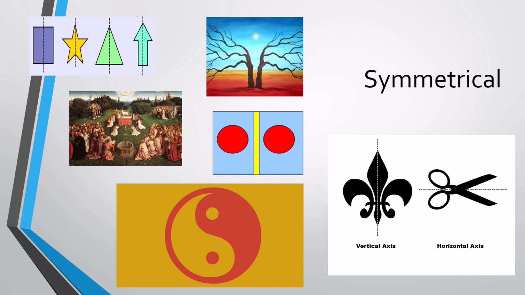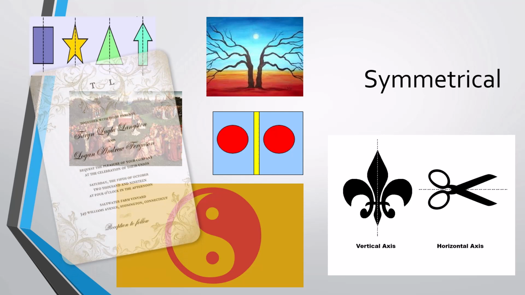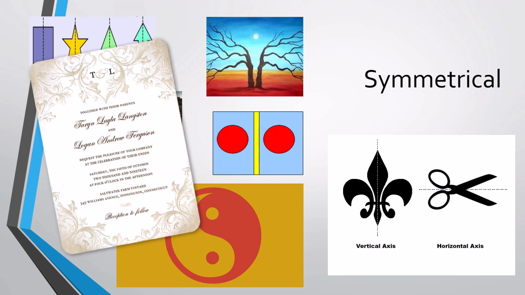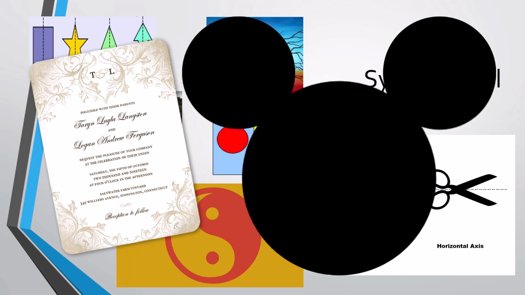The horizontal axis can be a little more complicated for the viewer to read as being symmetrical. Remember, we usually reserve symmetrical balance for something that is more formal, like wedding invitations and greeting cards. It is not always the most exciting layout, so sometimes designers will call it a little bit Mickey Mouse.